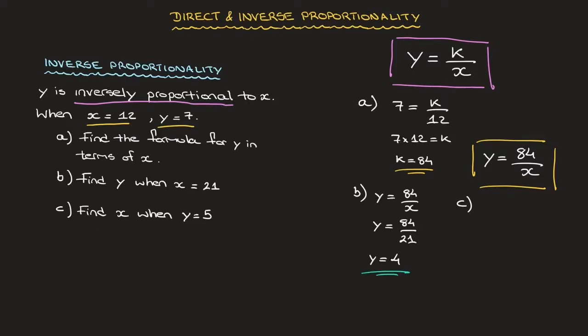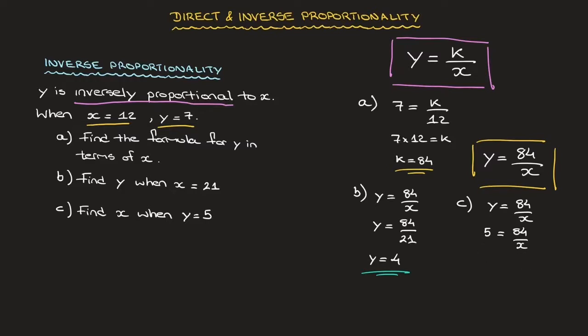Finally, we move on to question C, in which we're asked to find x when y is equal to 5. And once more, we start with our formula. We have y, which equals 84 over x. Now, to find the value of x when y is equal to 5, we're going to replace y by 5 and solve for x. So that would be 5 is equal to 84 over x. But we see here that x is on the denominator. So to get it away from there, we're going to multiply both sides of this equation by x.